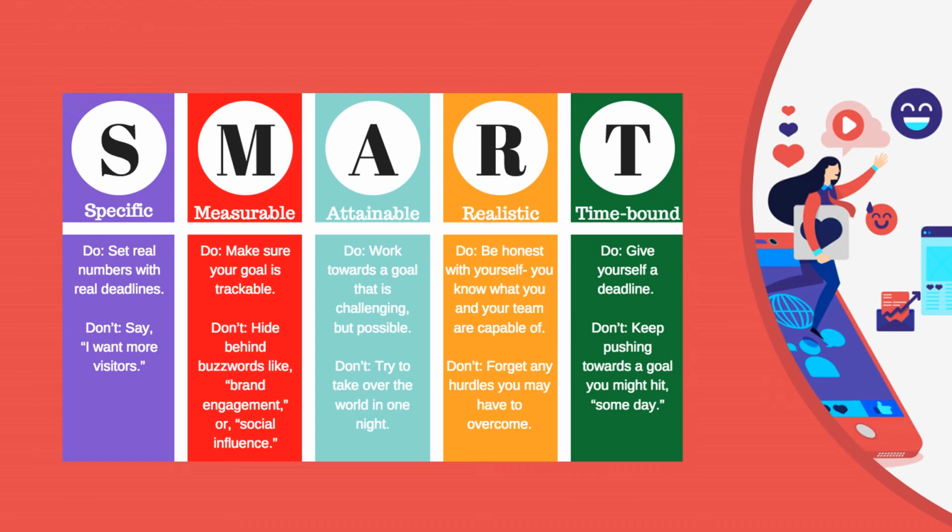The acronym SMART stands for characteristics of a good objective: S for specific, M for measurable, A for attainable, R for realistic or relevant, and T for time bound. This can be your guide in making both personal and work goals. Let's watch the video about making SMART objectives and how to attain them.